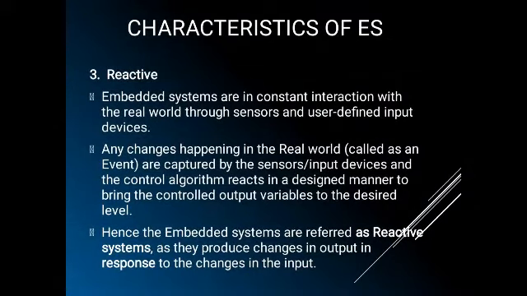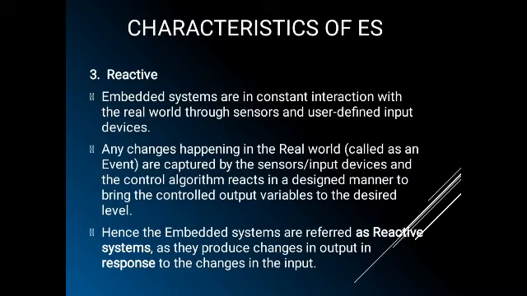Next, reactive. Embedded systems are in constant interaction with the real world through sensors and user-defined input devices. Any changes happening in the real world are captured by the sensors or input devices, and the control algorithm reacts in the changed manner to bring the control output variables to the desired level.